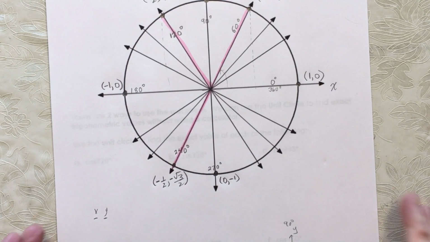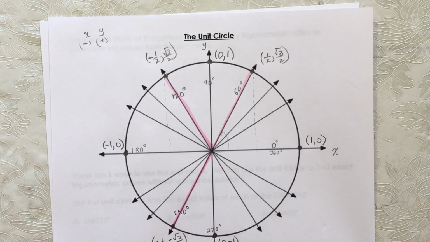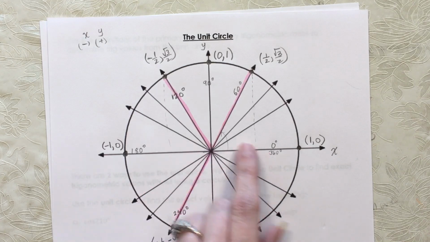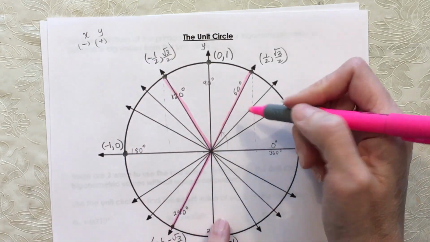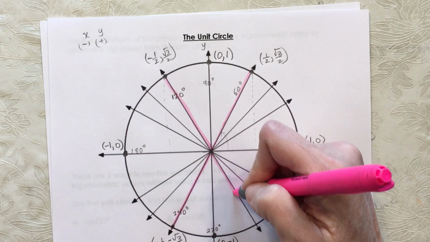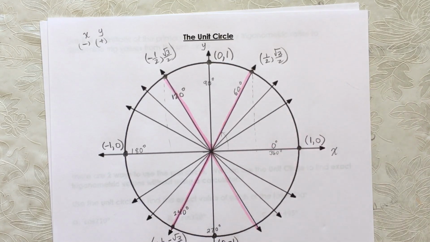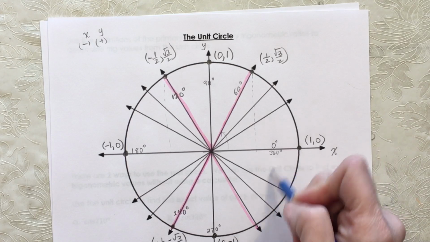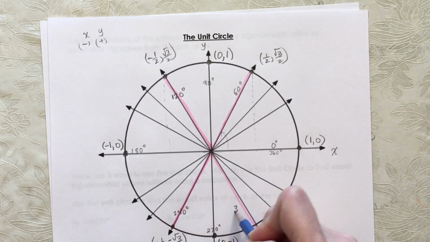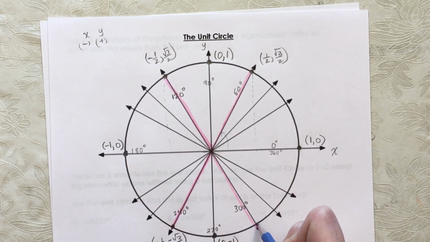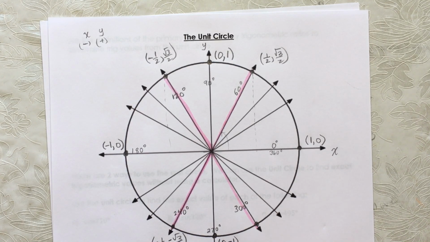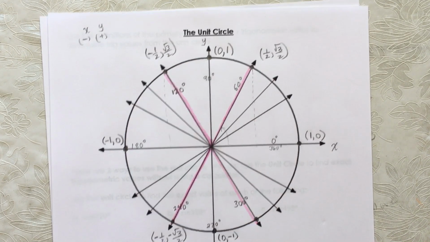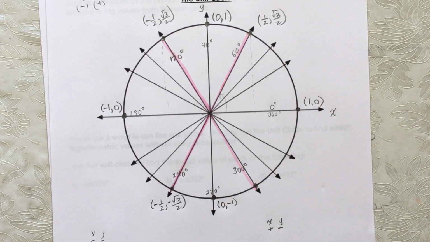And then the fourth angle related to the 60-degree triangle would be 60 degrees down from the positive x-axis here. And that angle is 300 degrees, 360 minus 60. And in the fourth quadrant, x is positive while y is negative.